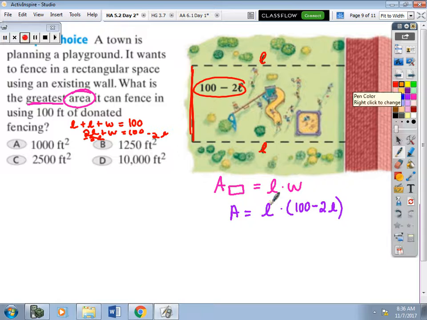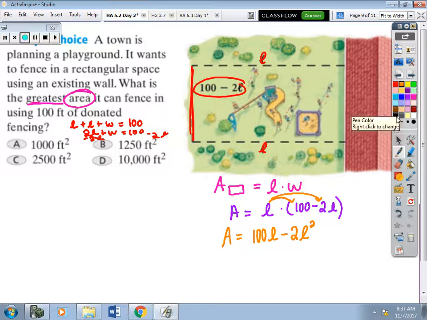Then we will distribute the L to get 100L minus 2L times L will get me L squared. And if you want to change those to X's just because the L's kind of look like 1s or are confusing to you, you're welcome to change the variables. Now before I find the maximum, you might want to rearrange this to be in standard form, because you might make the mistake of thinking this is A and this is B, but it's not.